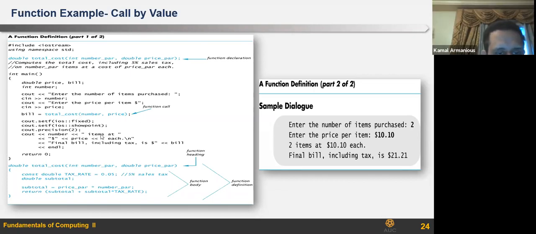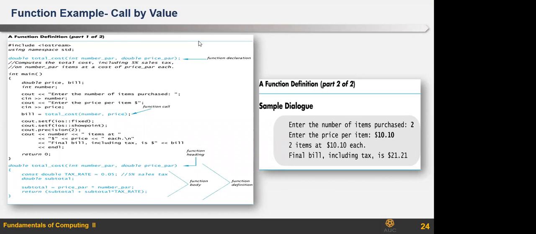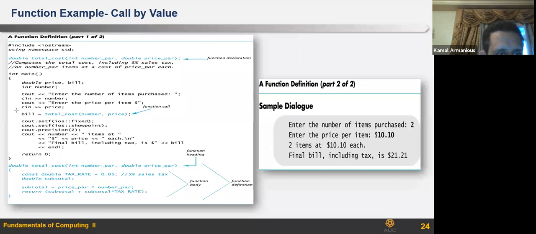So for this small piece of code, first of all, let's go to the main. At which line are we calling the function, Yasin? Where bill equals total_cost. Okay, that's great. So let's highlight this part. So Yasin is telling us that we're calling a function from this line.